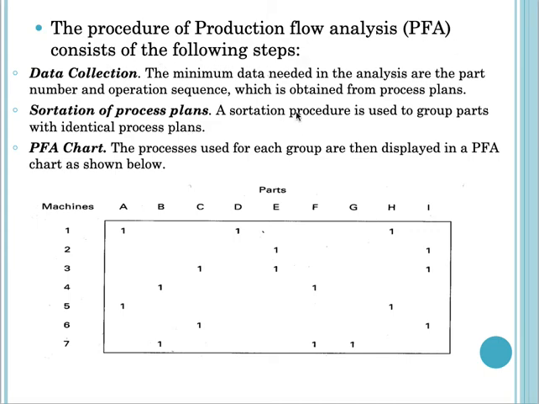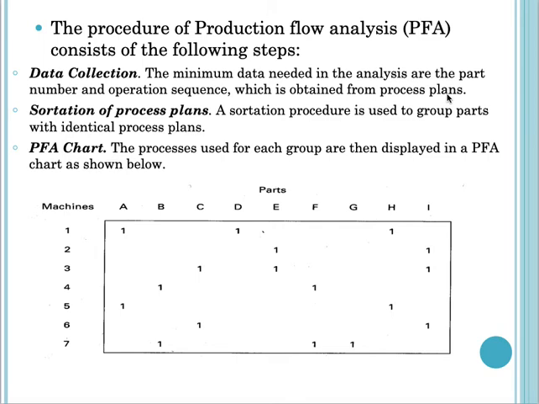How can production flow analysis be done? The first step is data collection. The minimum data needed in the analysis are the part number and operation sequence, which are obtained from the process plans. This data, such as part number and operation sequence, we can get in route sheets.